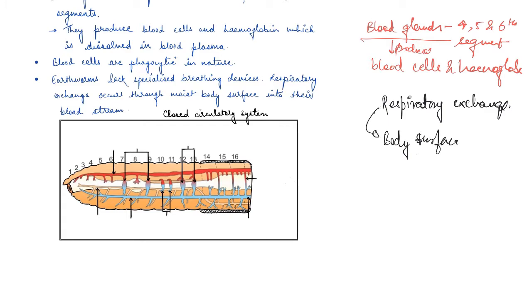The moist body surface, wherein the gases are exchanged into the blood stream, through the blood cells and hemoglobin, right? So this is all about the closed vascular system.